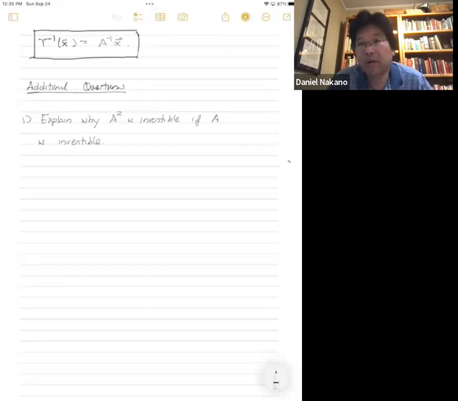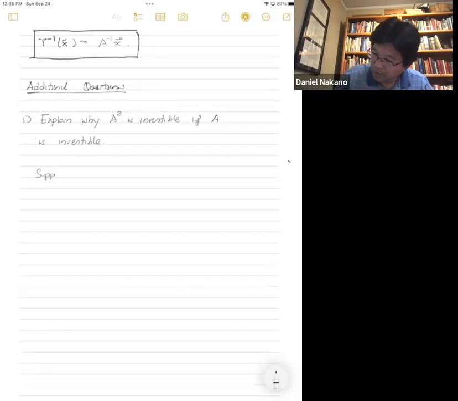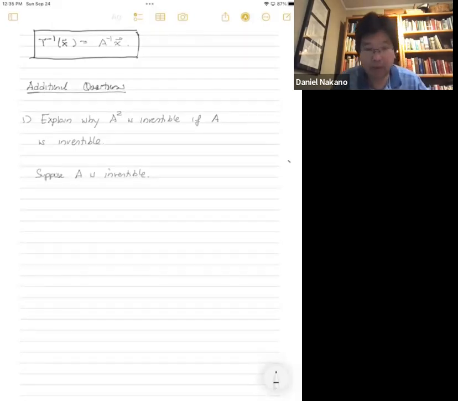Okay, so there are several ways to do this. First of all, suppose A is invertible. One way to do this is just to use our old method using the homogeneous system of equations.